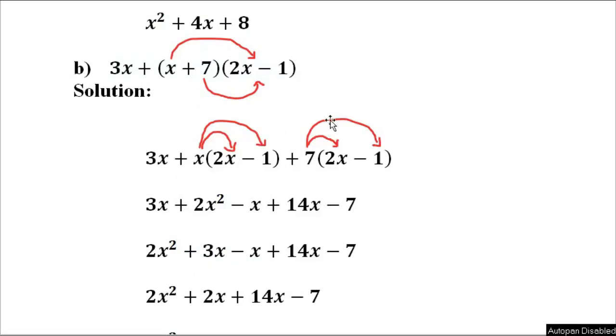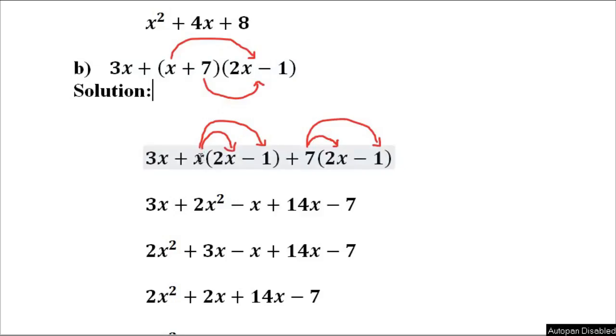Moving on to number 2, where we have 3x plus x plus 7 times 2x minus 1. Let's distribute x to the 2x minus 1 and 7 to the 2x minus 1. We have 3x plus x times (2x minus 1) plus 7 times (2x minus 1).